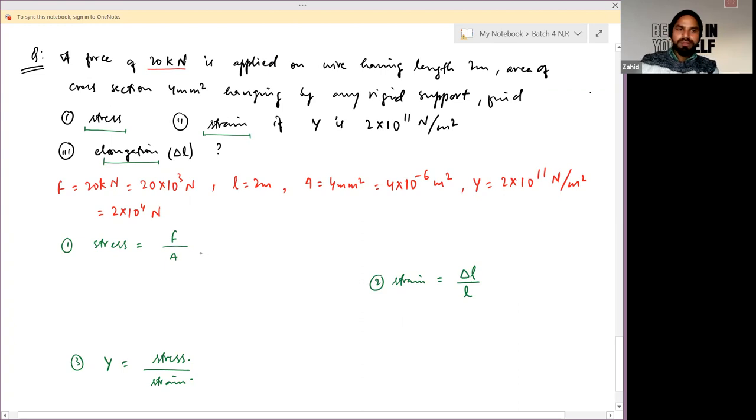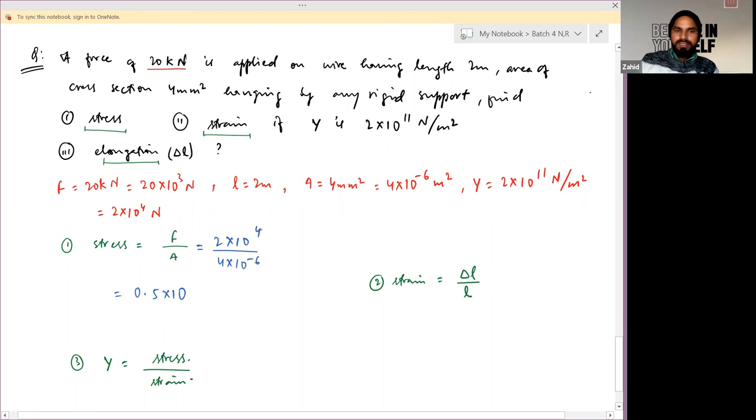We have force, 2 into 10 to the power 4, divided by area of cross section, 4 into 10 to the power minus 6. So if you divide 4 and 2, you will get 0.5 into 10 to the power 10 to the power minus 6.